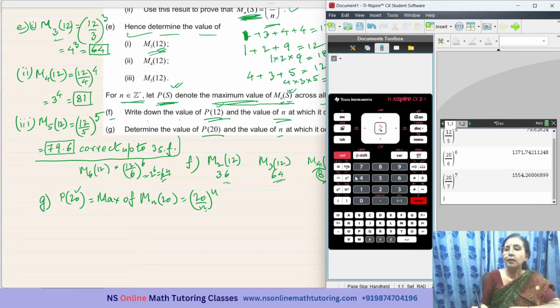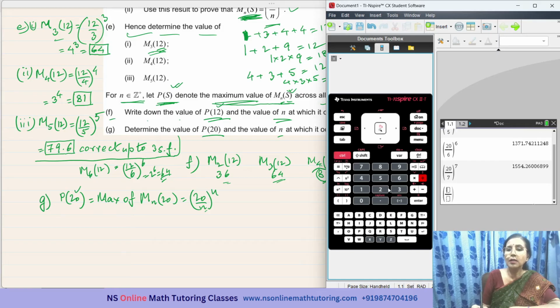And next one is 20 divided by 8 raised to the power of 8.